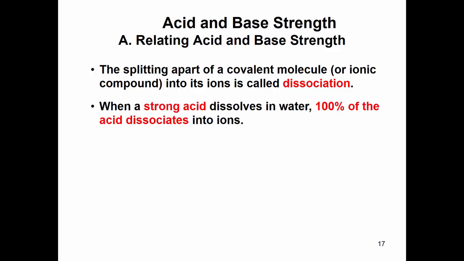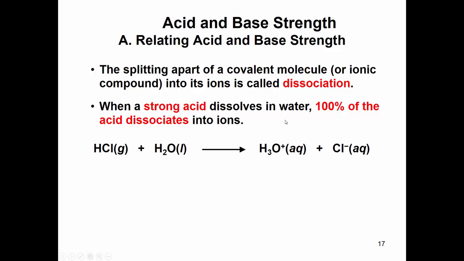If we're able to split apart a covalent molecule or an ionic compound, we call this dissociation. We looked at this in chapters on how a solid would dissolve in water, looking at solutions. It's the same idea: when a strong acid dissolves in water, 100% of the acid dissociates into ions.